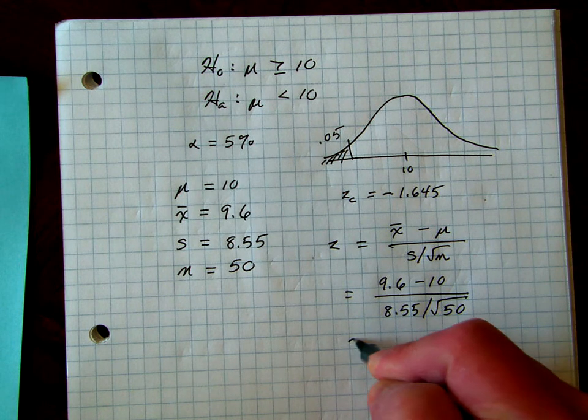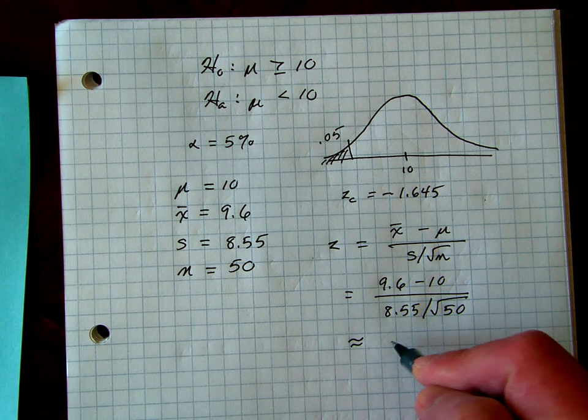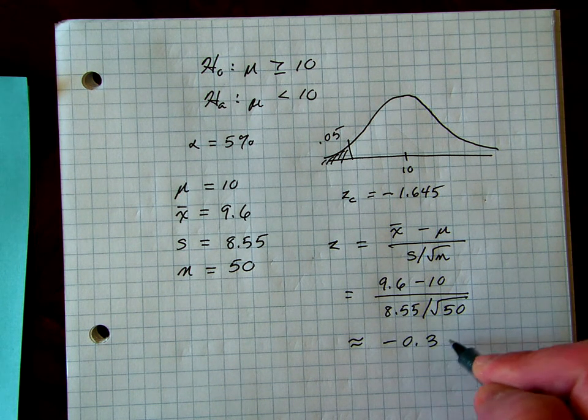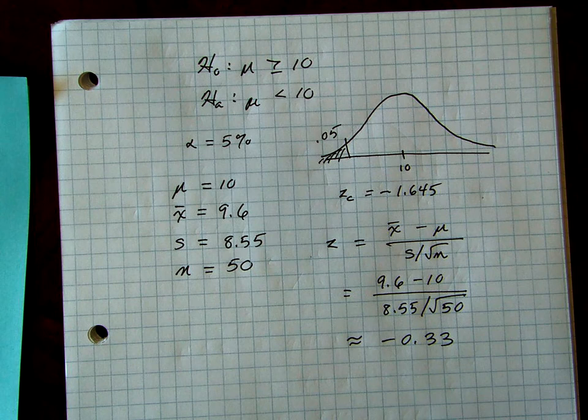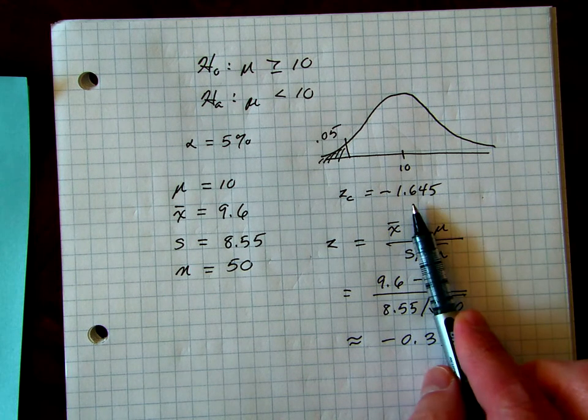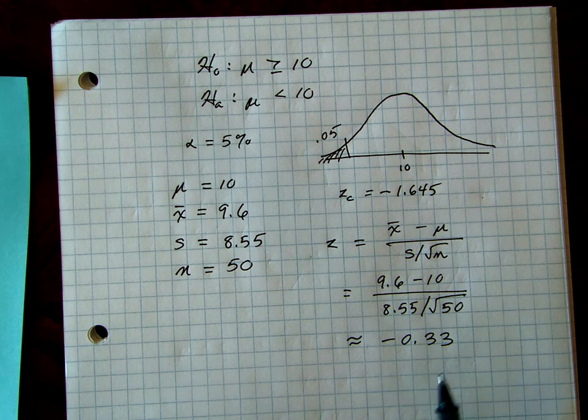We work this out, and we get minus 0.33. Okay, well, minus 0.33. In that case, let's take a look at where we are. Our critical value was minus 1.645. We only went down as far as 0.33. So again, we get to accept our null hypothesis that mu is 10 or above.